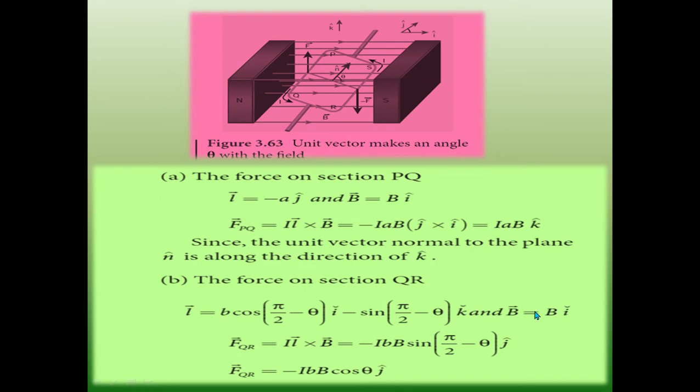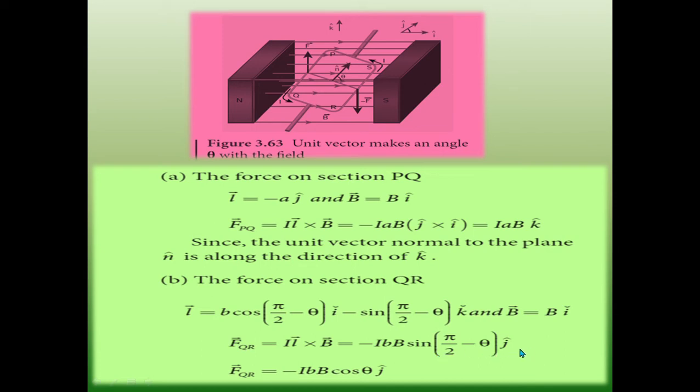Now the force F QR vector is equal to I L vector cross B vector. Substituting these two values, we obtain minus I b B sine(pi by 2 minus theta) j cap.